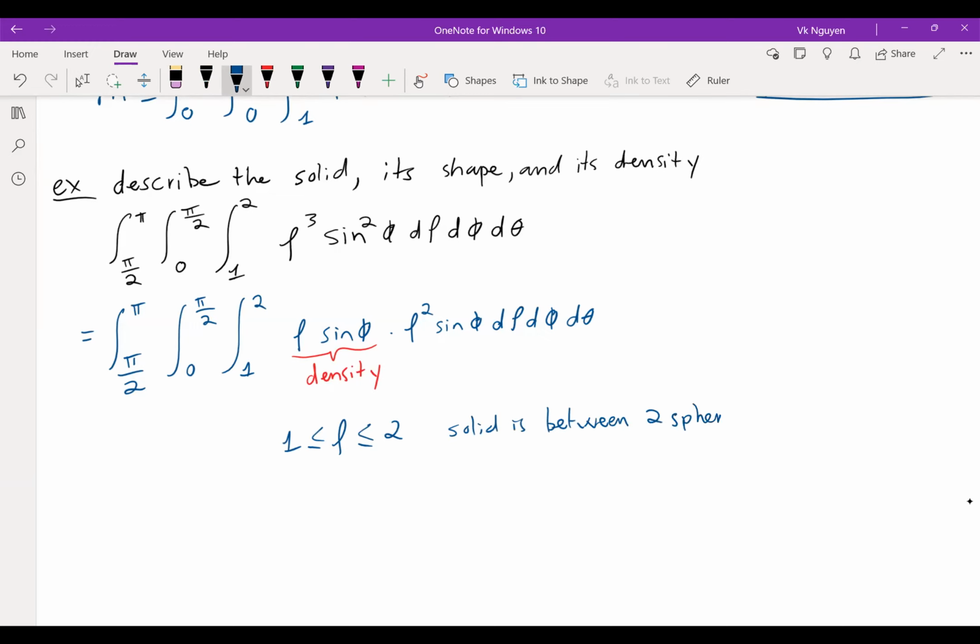We have phi from 0 to pi over 2, meaning that the solid is going to be above the xy plane, completely above. And it goes between the two spheres above the xy plane.